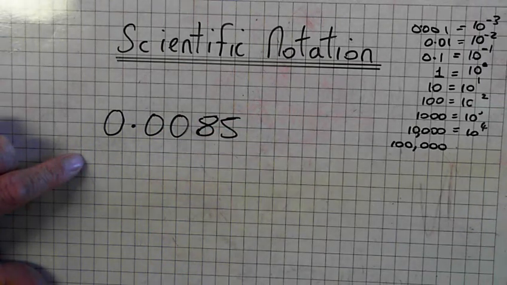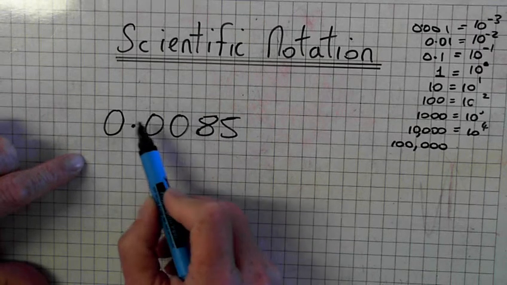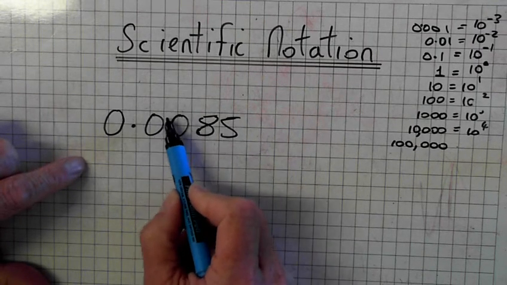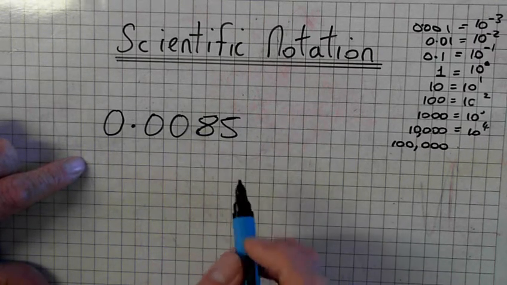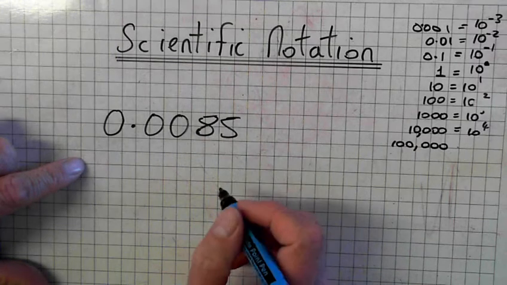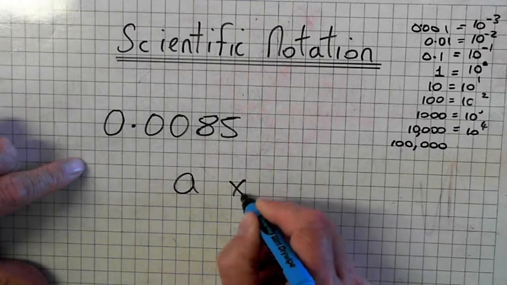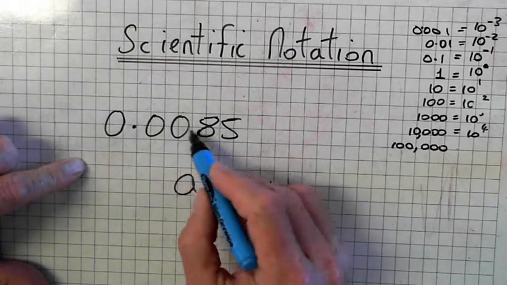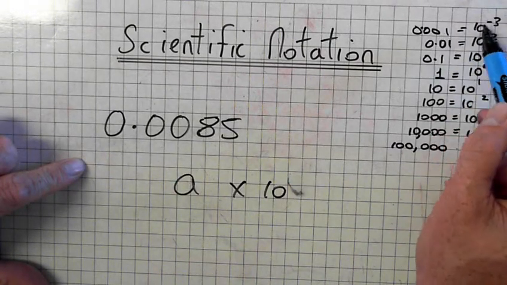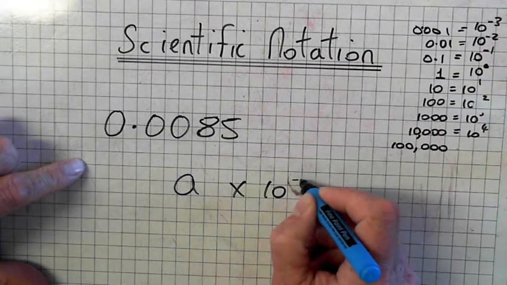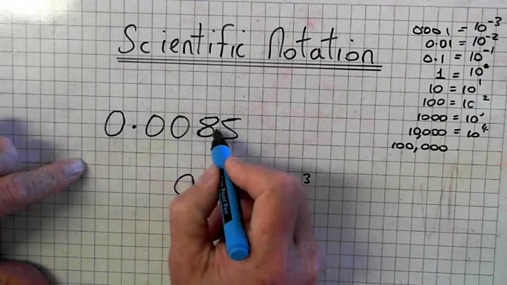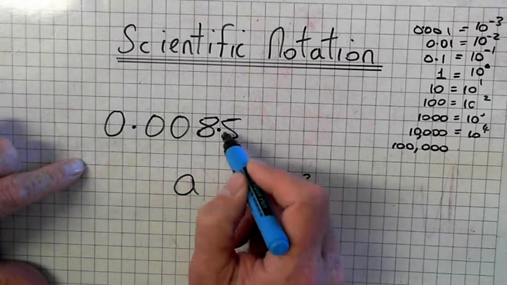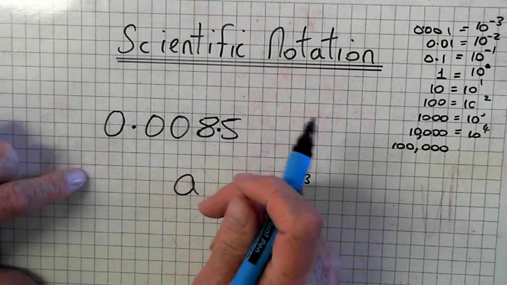Change that into an 8. Right, so Ben, how many jumps do I need to make until I get to here? 3. Alright, so it's minus 3 because look at it, it's a small decimal. And the decimal point landed here. 8.5, that's between 1 and 9, isn't it?